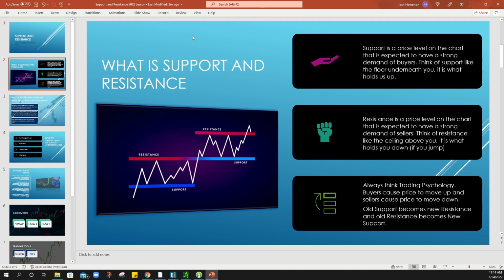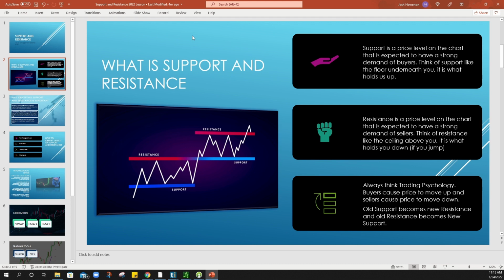I want you guys to always think about trading psychology. Buyers cause the price to move up, and sellers cause the price to move down. So if you know that there's going to be a strong demand of buyers at a certain price, we know buyers cause the price to move up.